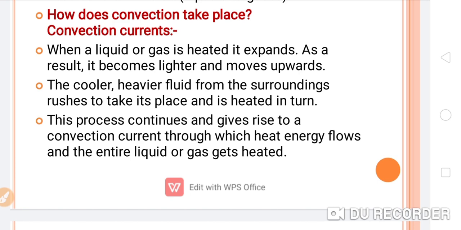So what will happen? What will be your observation? Let's see. When water is heated, the water near the flame gets hot and rises up, and the cold water from the sides moves down towards the source of heat.